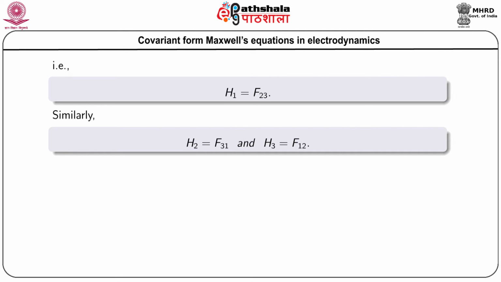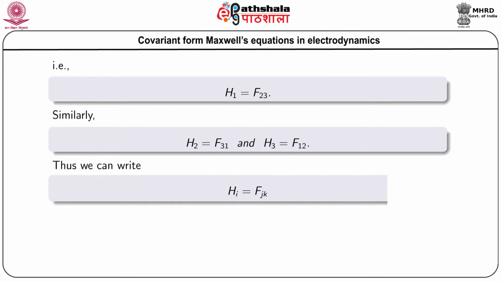So if I express it in terms of F_ij, H_1 will be equal to F_23. Similarly, H_2 can be written as F_31 and H_3 can be written as F_12. Thus we can write H_i equals F_jk, where i, j, k equals 1, 2, 3 and it moves cyclically.